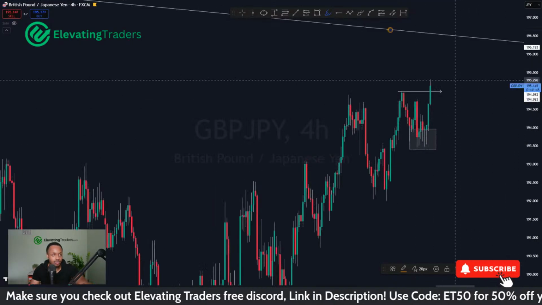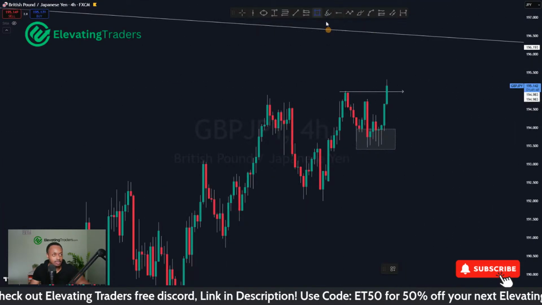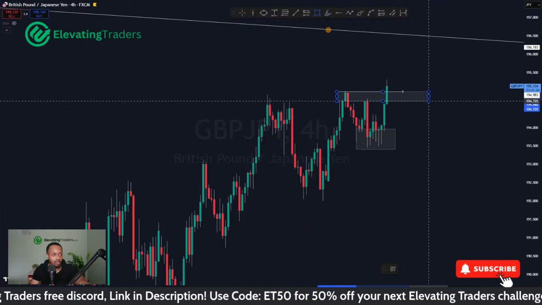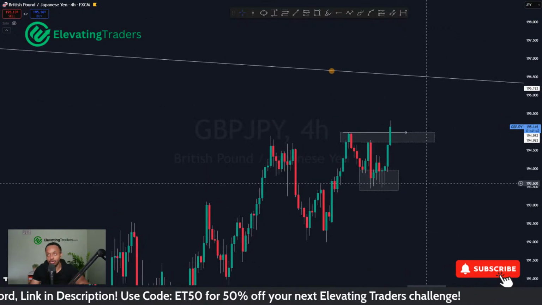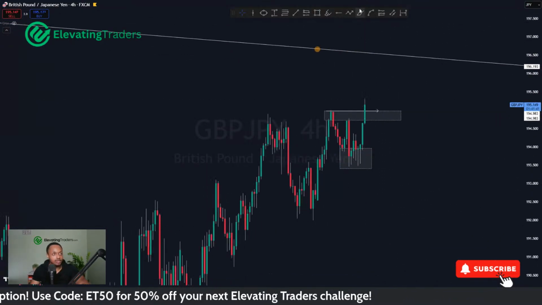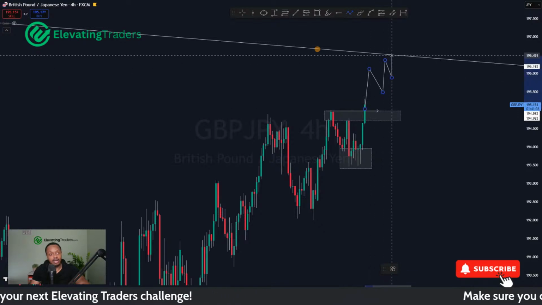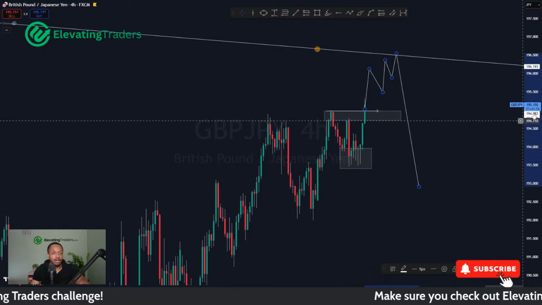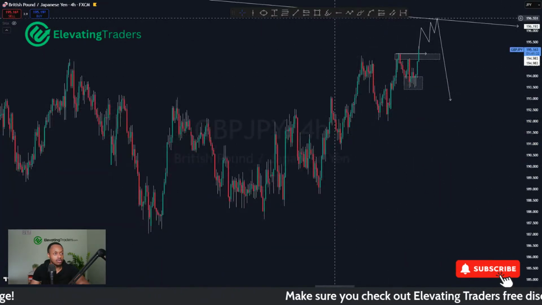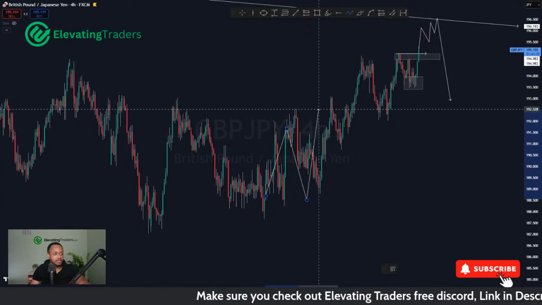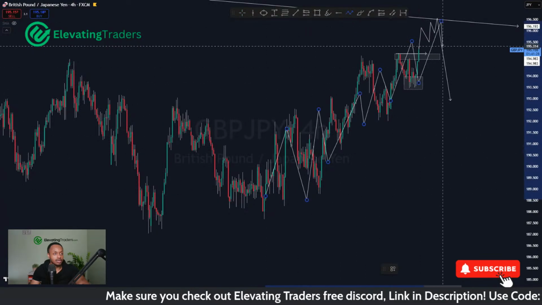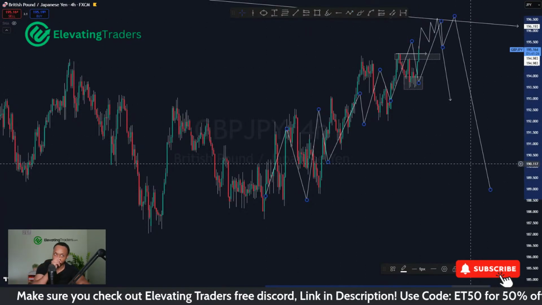In that case, you might see a nice breaking retest of this level here on the lower time frames. If you're looking to short, well, you're going to have to be a bit patient. That might take a few days to actually pan out before we do get price to push down, because we are still really corrective on the way up here. So I do think eventually we'll see that swing.